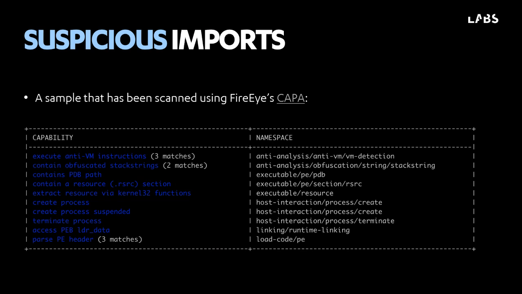Another quite interesting tool is FireEye's Kappa. It's a tool that uses some sort of static pattern matching to identify the capabilities of the sample that you're trying to analyze. In this case, I wrote a DLL that was doing process injection in a more stealthy way. You can see that Kappa was able to identify that it was loading things from the resources using Win32 APIs, because the shellcode was stored in the resources section, and also the creation of a process in a suspended state.